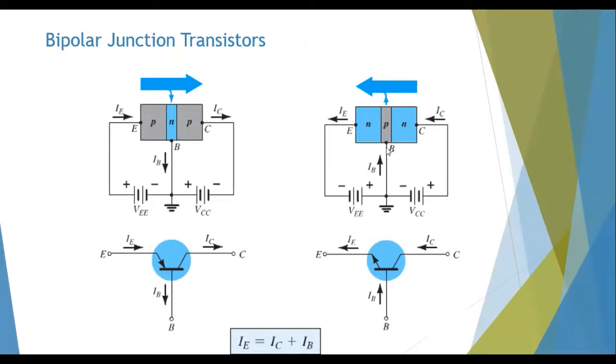On the other hand, when you look at an NPN transistor, the emitter is still a source of charge. The emitter is always a source of charge, but in this case, the emitter is an N-type semiconductor. And in the N-type semiconductor, the majority carriers are negative. We just saw that in the distribution. So even if the emitter is sending electrons away from it, we have to reverse the direction now because the direction of current is a flow of positive charge.